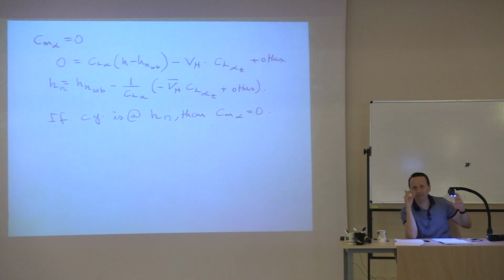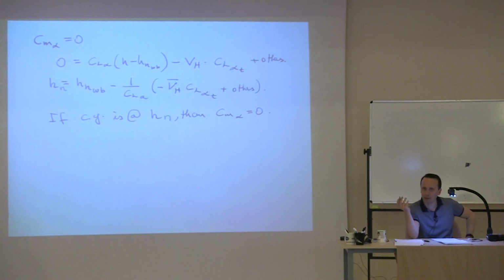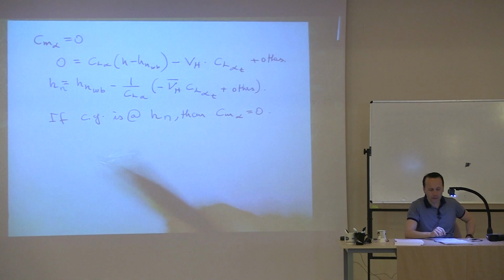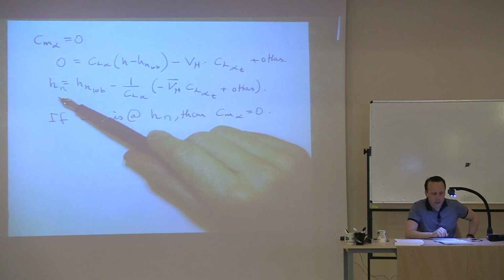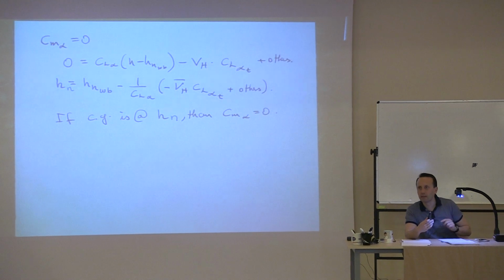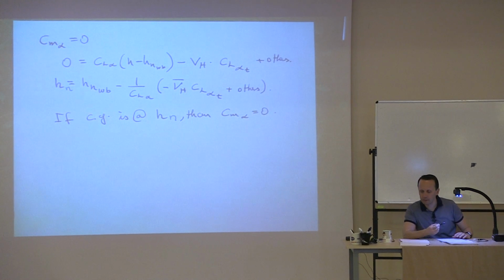But here, we have the concept of center of gravity, and the definition of the aerodynamic center of an airplane has changed a little bit because we are defining the moments with respect to the center of gravity. The definition now says, if you move the CG to a certain point on the airplane, and you find a place for that center of gravity where Cm alpha is equal to 0, that is a special point. We call it the neutral point of the airplane.